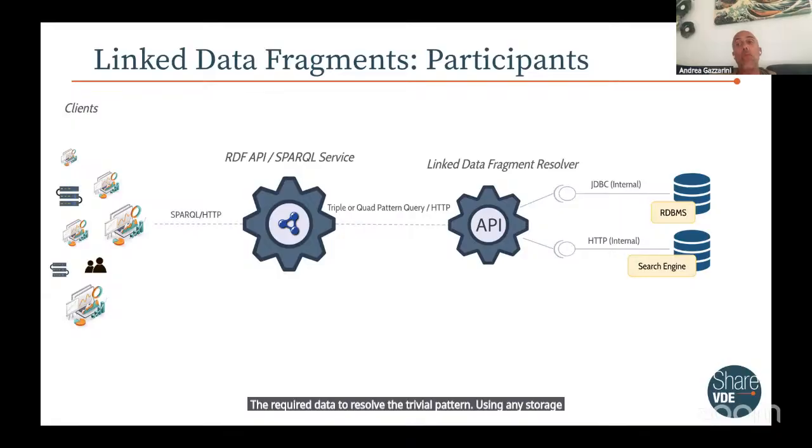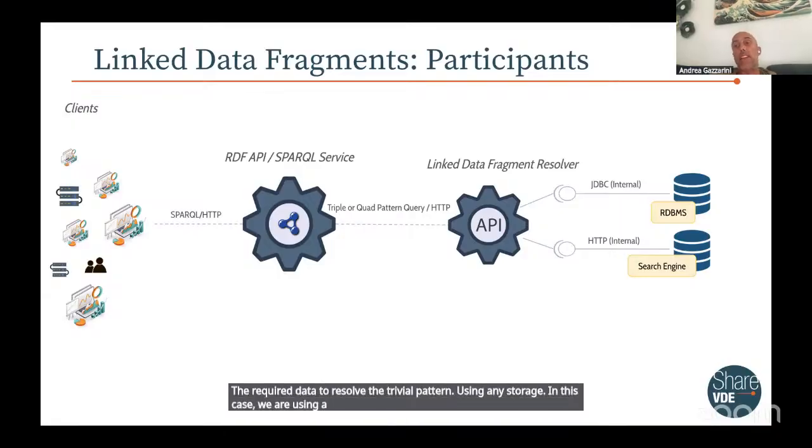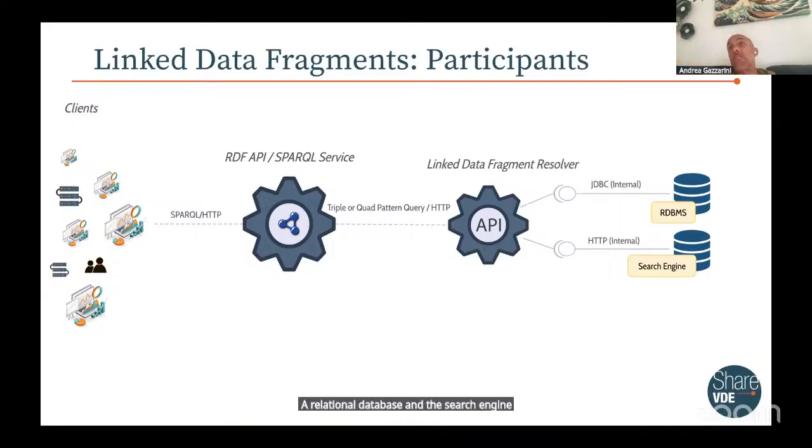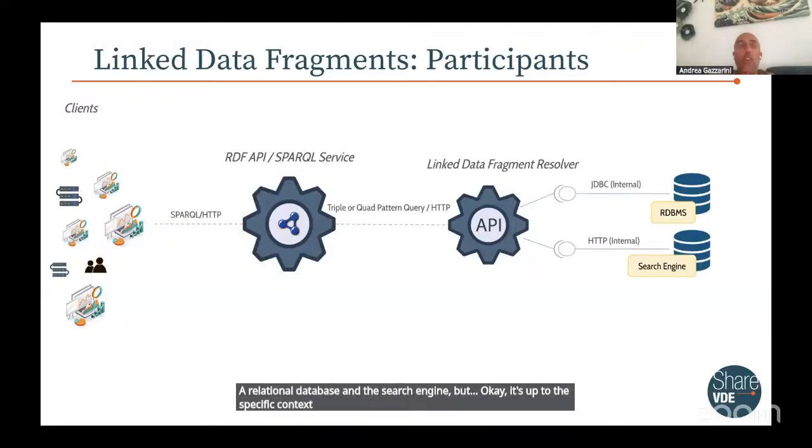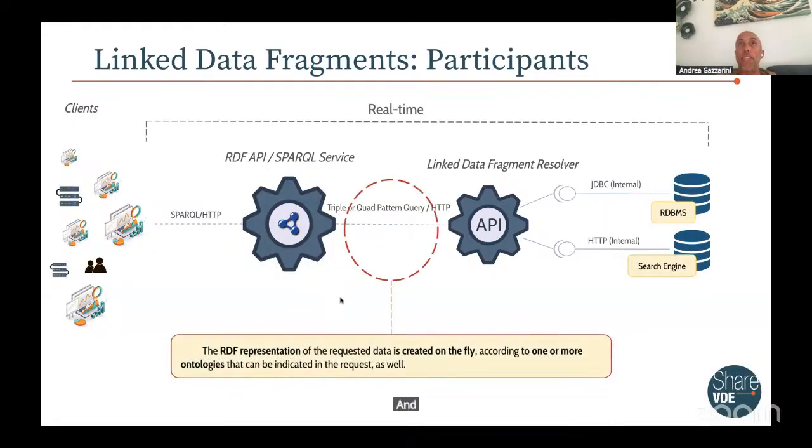In this case, we are using a mix between the relational database and the search engine. But okay, it's up to the specific context of the scenario and the architecture, because another architecture could have a NoSQL database behind. And the cool thing is that everything is executed in real time.